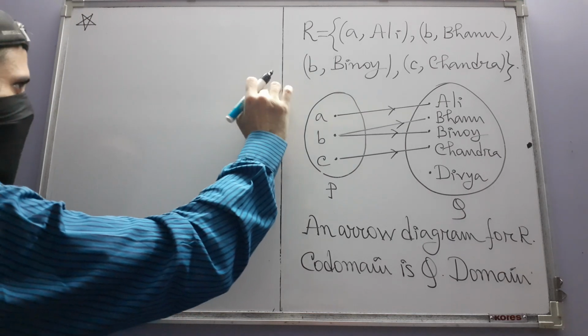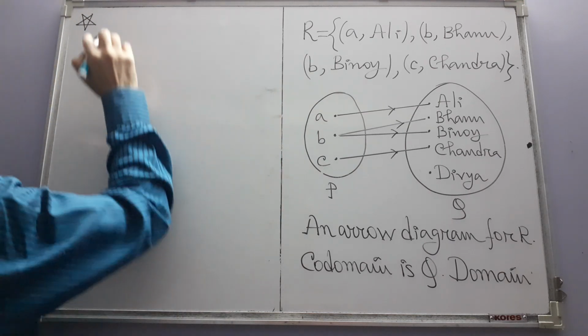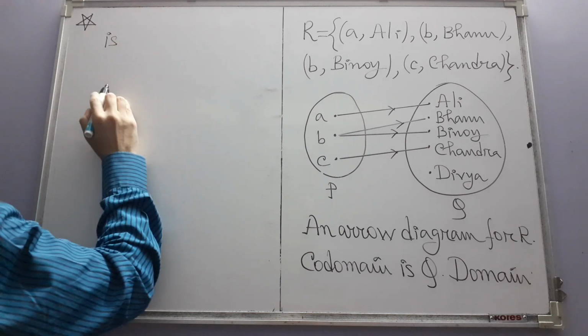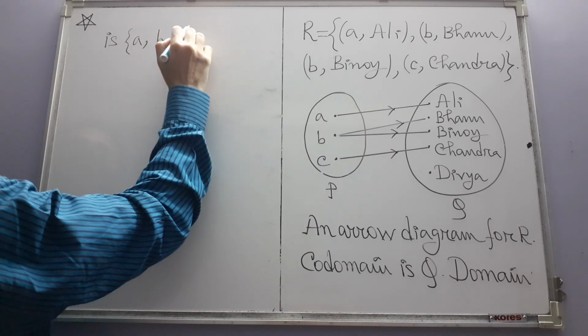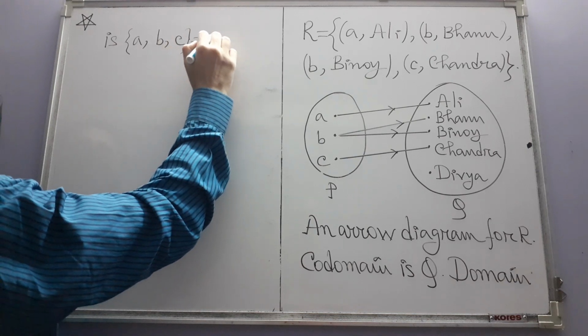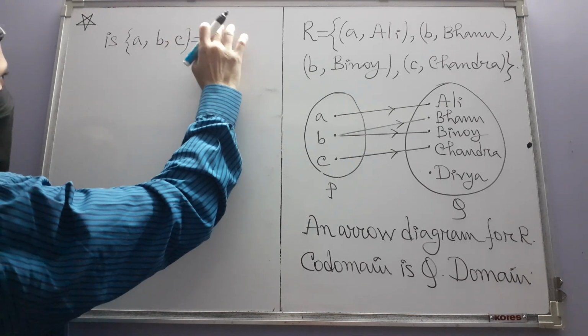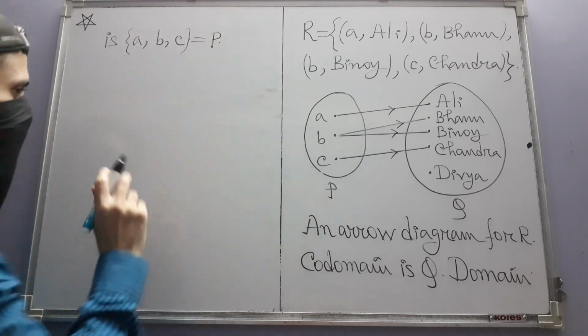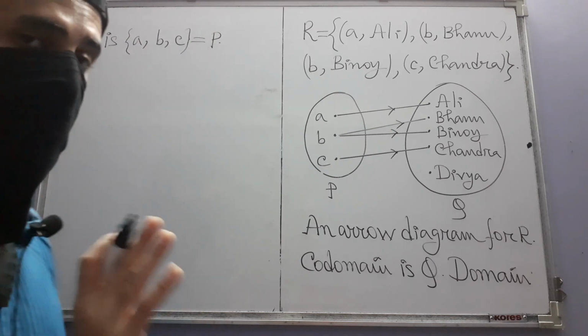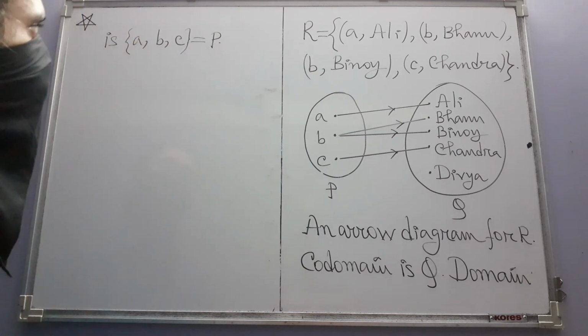So repetition doesn't serve any purpose. Domain is this set, which turns out to be, this is not A, sorry, this is P. P itself in this case, but in general that's not necessary.